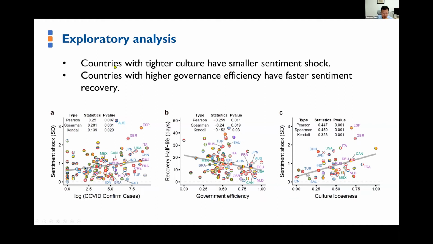We found that countries with higher culture scores, for example China, have a smaller sentiment shock, but countries with higher government efficiency have faster sentiment recovery. Government efficiency is a valuable index to measure the intervention of the government during the pandemic. We found a negative correlation between these two indexes.